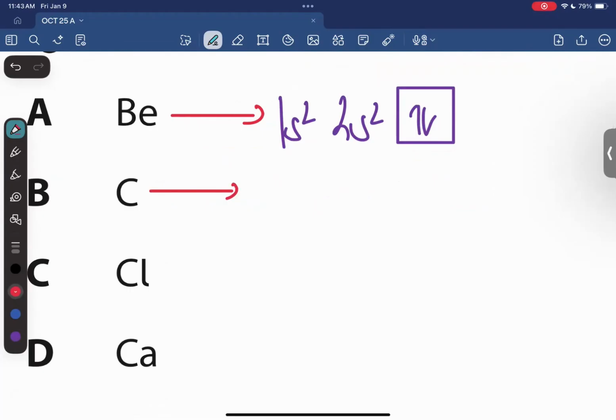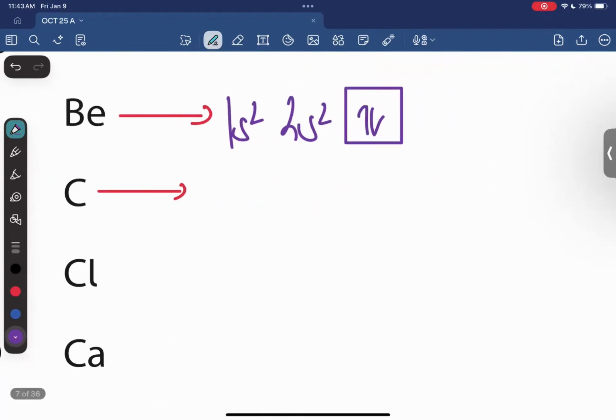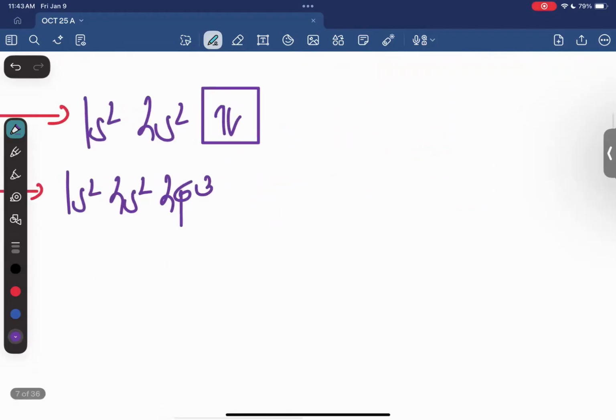Carbon is in group 4. So it has 6 electrons, right? So 1s2, 2s2, 2p3, right? Now let's just draw this p subshell. Oh no, wait.